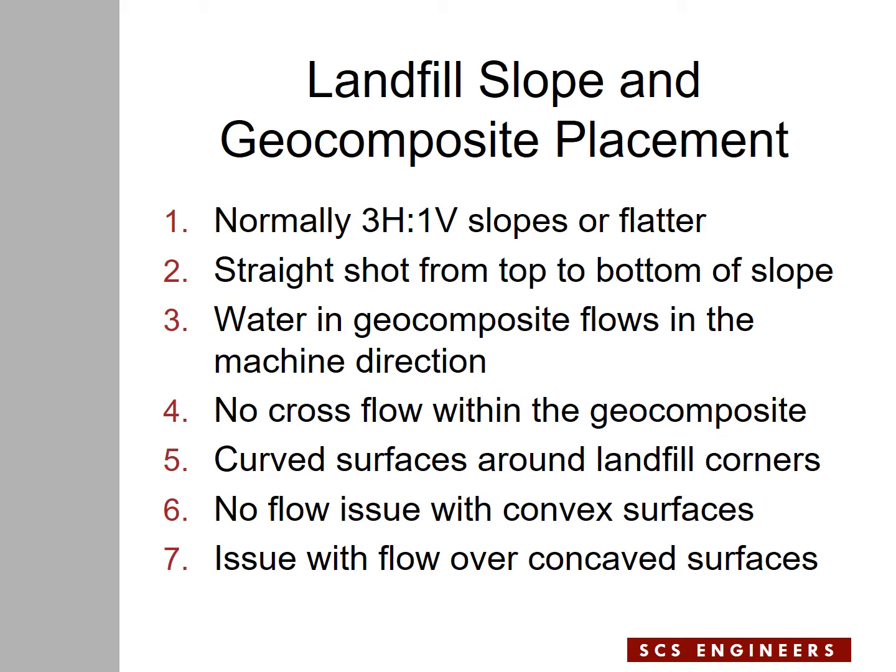When it comes to closing landfills, the majority of the slopes that we deal with during partial closures are 3-to-1 slope or near 3-to-1. The flatter areas are normally on top of the landfill. The 3-to-1 slopes are, the majority of the time, a straight slope from the top of the landfill to the bottom.